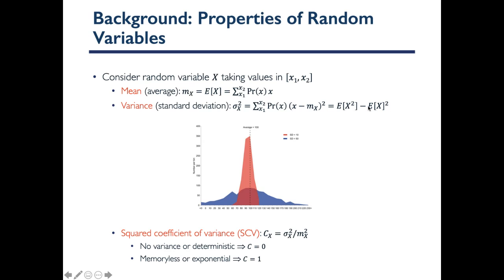You can check. The reason that C is 1 is that your variance becomes exactly m of x squared. So C becomes 1. If you have no variance, if you have a deterministic system, there is no variance. If variance is 0, then C is 0.